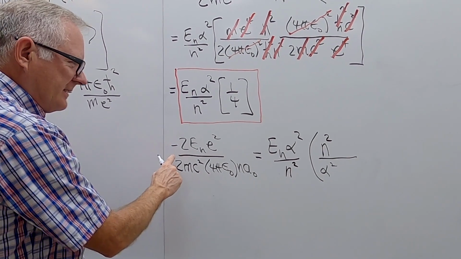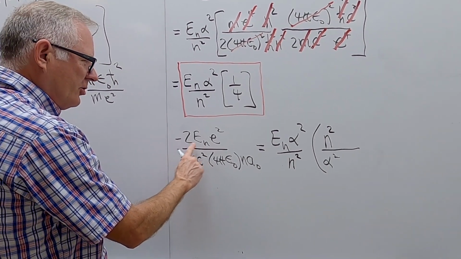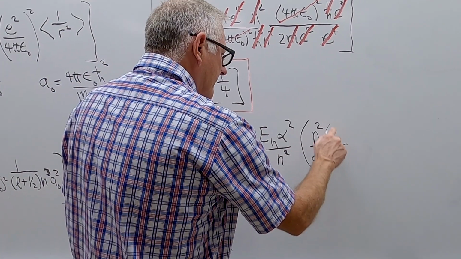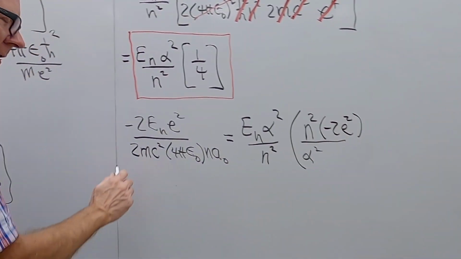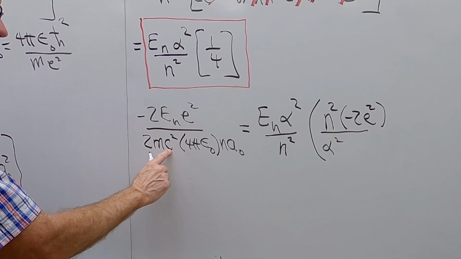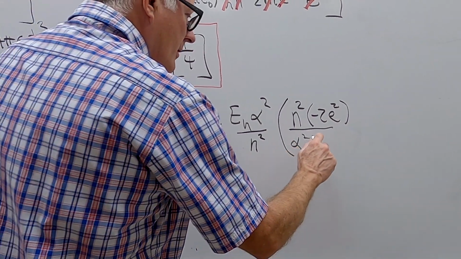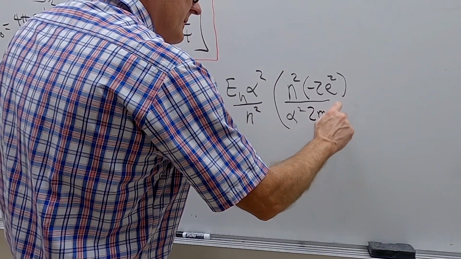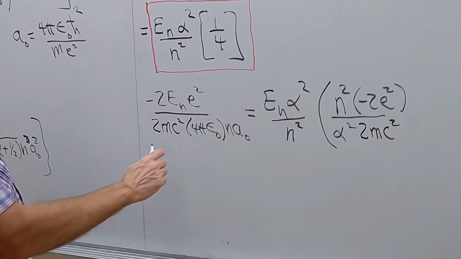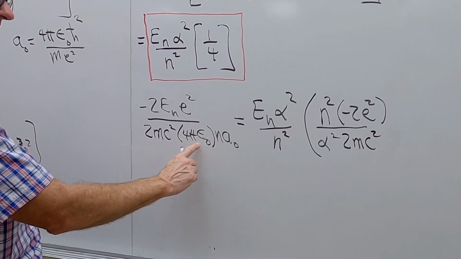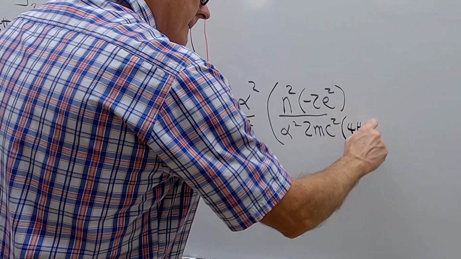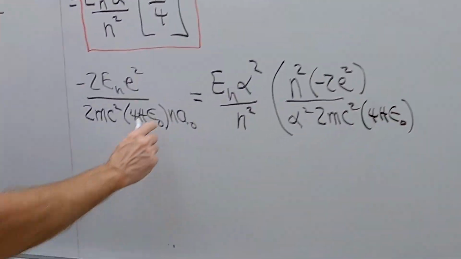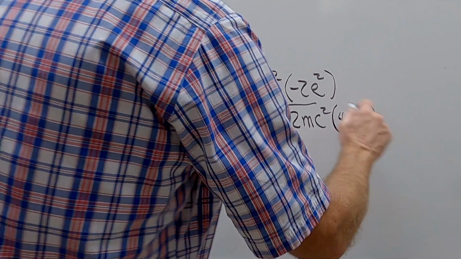And then I'll put the rest of this stuff in here. I got the minus 2e squared, all over 2mc squared c squared, times 4 pi epsilon naught, times n a naught.